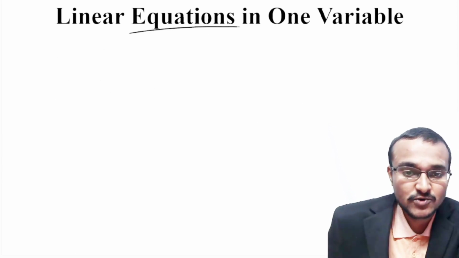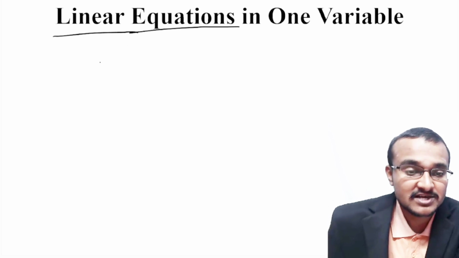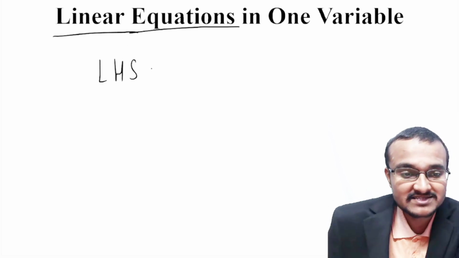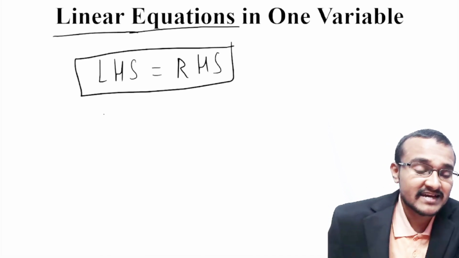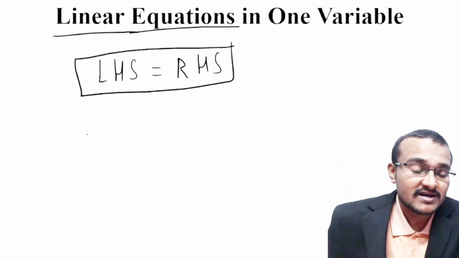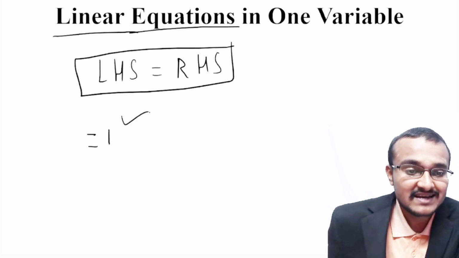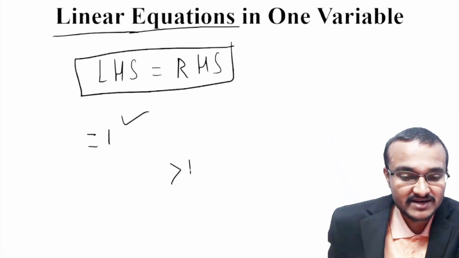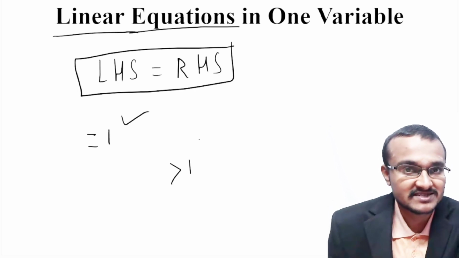Now we've understood what equations are and what linear equations are. Anything where LHS and RHS are equated is known as an equation, and if the variable in the equation has power equal to 1, it is known as a linear equation. If the power is greater than 1, the equations go on changing based on how much power the variable has.